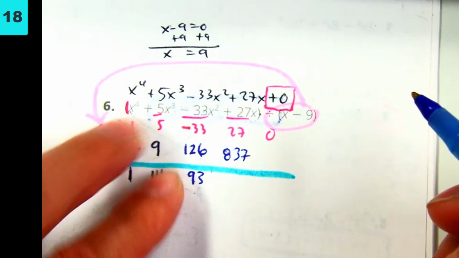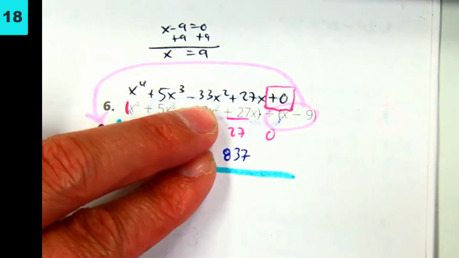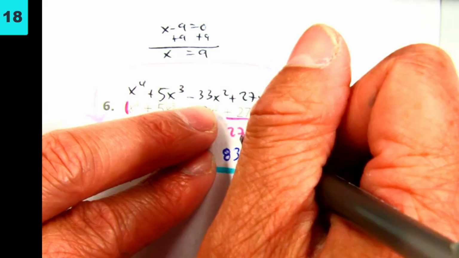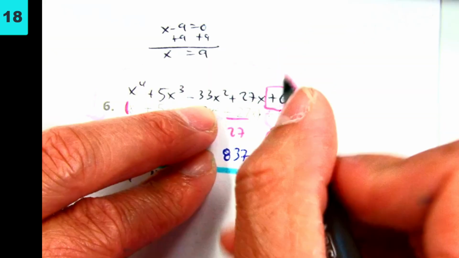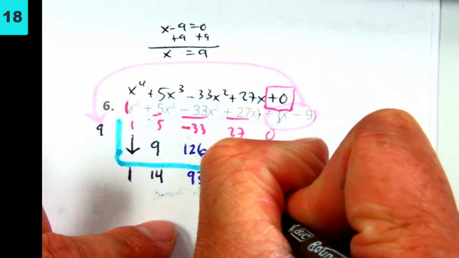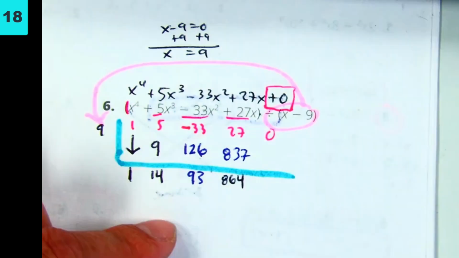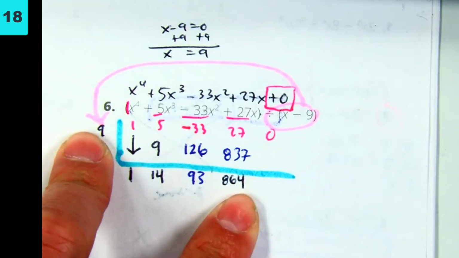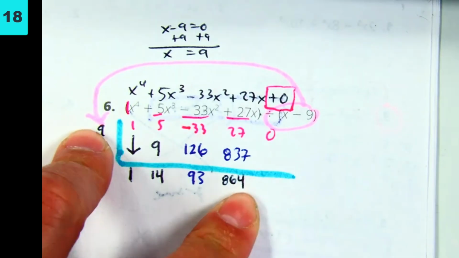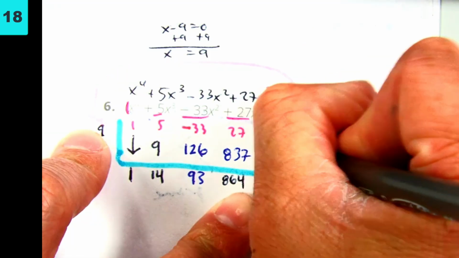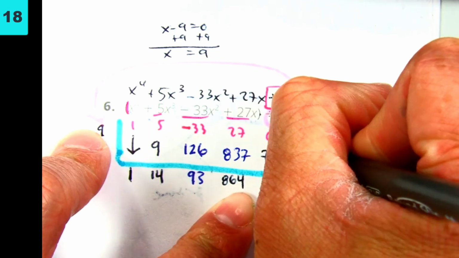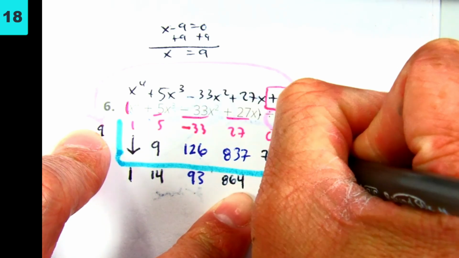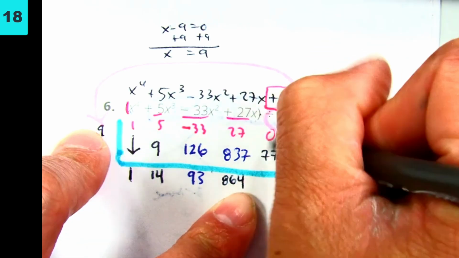And then what do we do here? Let's add them down. I get 864. And then I'm going to get some huge number. 9 times 864 gives me 7,776. And if you add down, you get the same number.